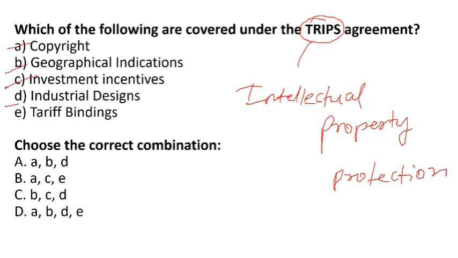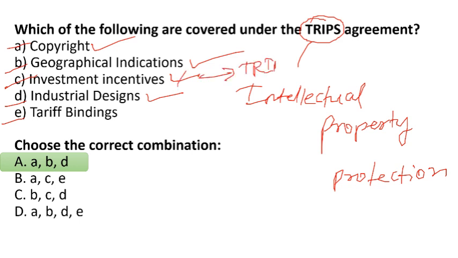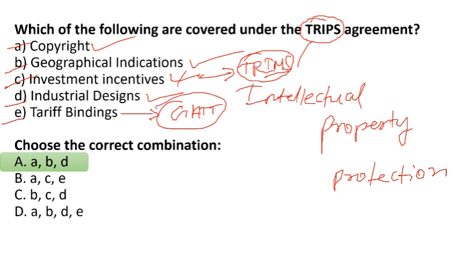The right answer should obviously be A, B, and D, because copyright, GI tag, and industrial designs are covered in the TRIPS agreement. Investment incentives are not covered because they are related to TRIMs, not TRIPS. And tariff binding is related to GATT, not TRIPS. So that is why only A, B, and D are the correct answers. Understood?